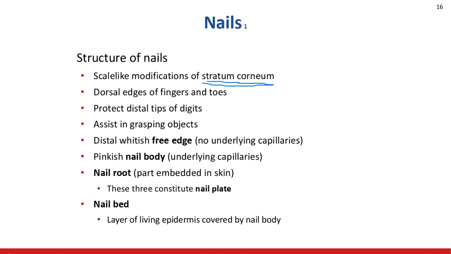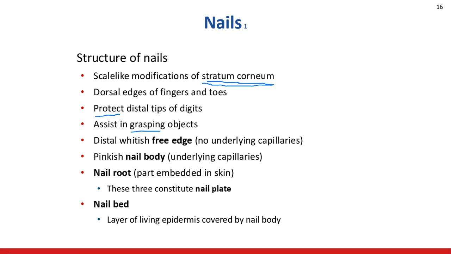Those cells become modified in this layer on the distal portions of your fingers and your toes, and they offer protection. If you drop something on your toe, it won't hurt as bad, or on your finger if it hits you in the nail, depending on how big or heavy it is. And it also helps to pick things up.